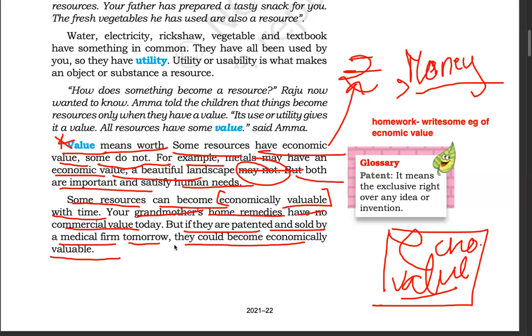But if these are scientifically tested, or patented and sold, like if we create it at home and sell it, then they will have an economic value, correct?